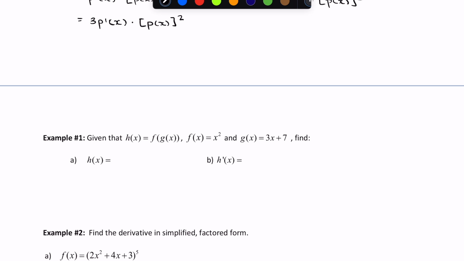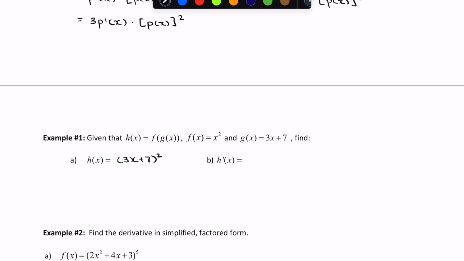So h of x here is equal to (3x plus 7) squared. So what we're doing here again is we are subbing g of x into this f of x function of x squared. And so we'll put 3x plus 7 into x, which gives us (3x plus 7) squared.